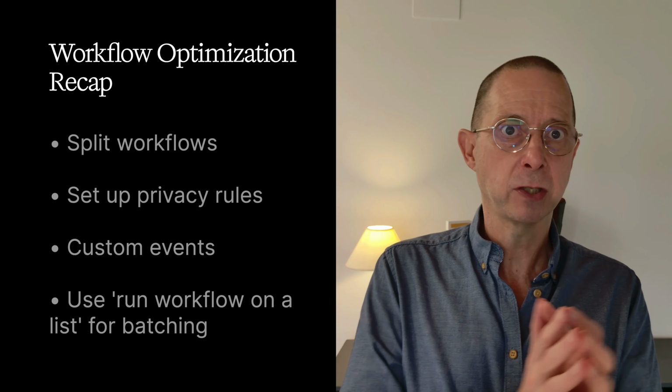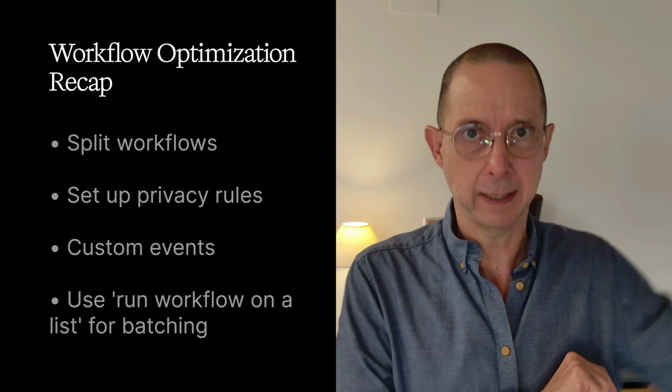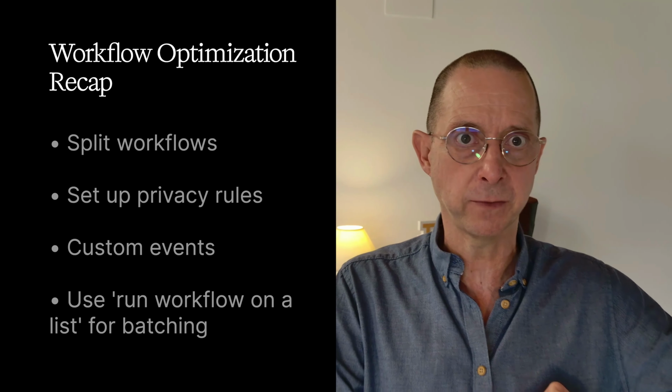Batch operations with run workflow on a list instead of building recursive workflows if you can. And centralize all of those reusable workflows in a reusable element that you can reference from any page within your application. So these are the pro secrets that turn sluggish, expensive Bubble applications into lean, mean, money-making Bubble applications.